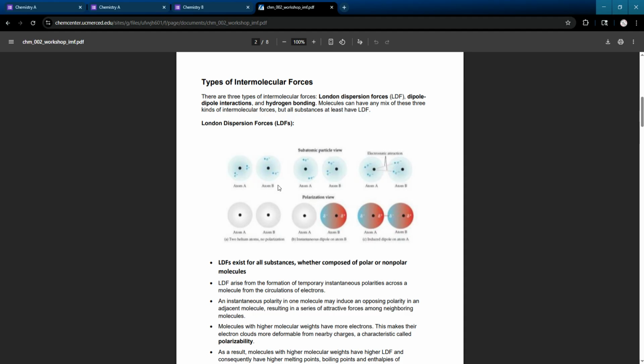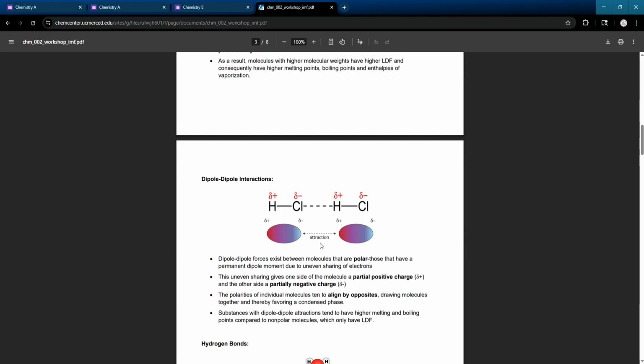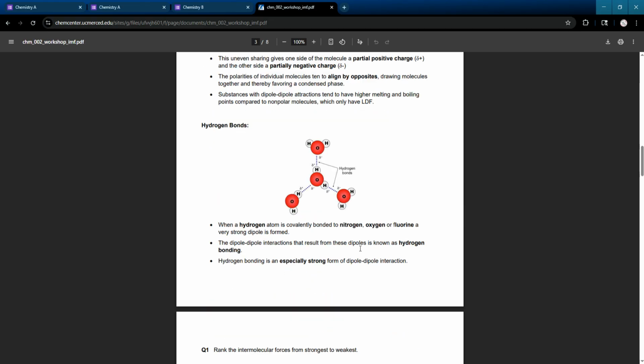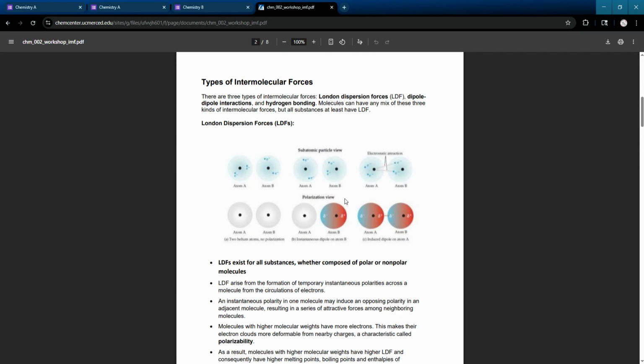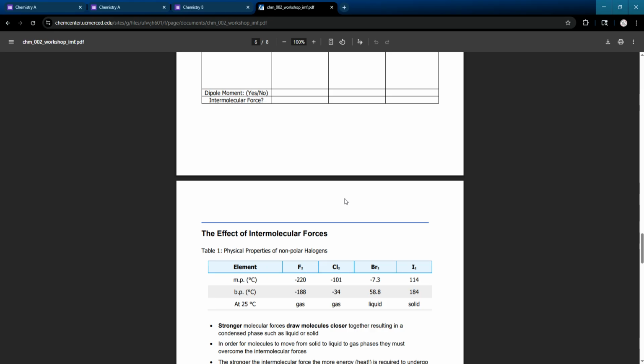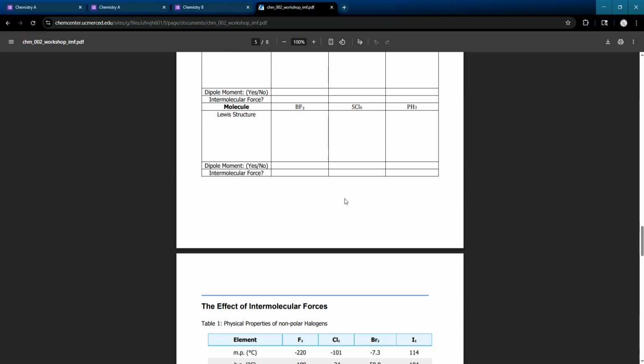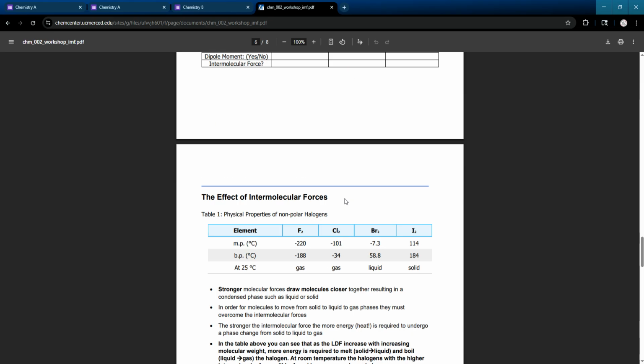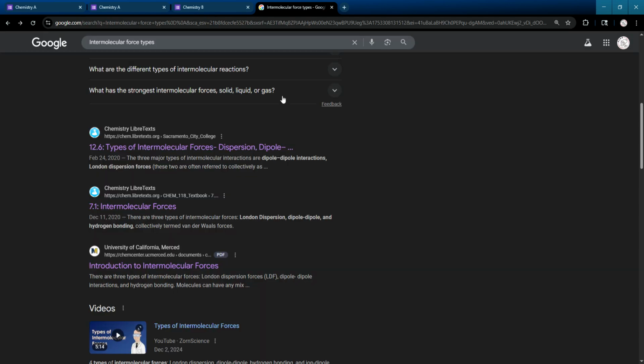This is what London dispersion looks like, and this is what dipole looks like. And this is hydrogen bonding, all connected to each other. Nice. Pretty good website, I would say. University of California.